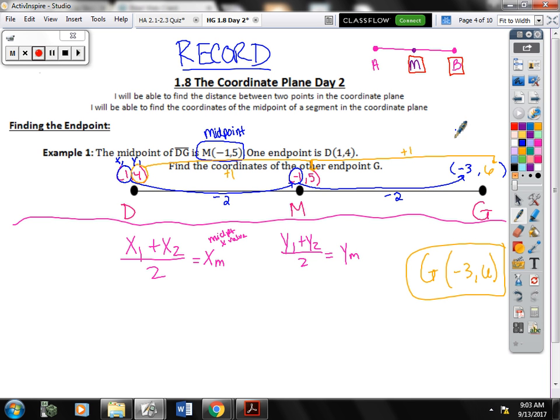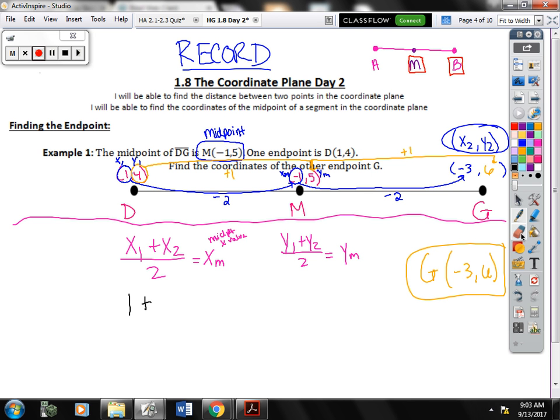Now remember, at the beginning I didn't know x2, y2. That's what I was asked to find. So you would actually leave it as variables. And then the point that was given to me in the middle would be called x sub m, y sub m, because it's the midpoint's x value and the midpoint's y value. Then you would sub in and you would just use algebra. Okay? So x1 is 1.